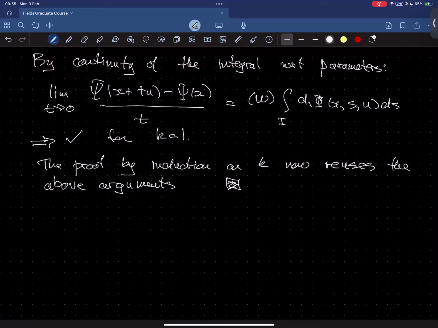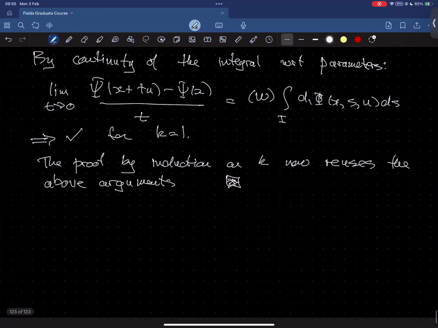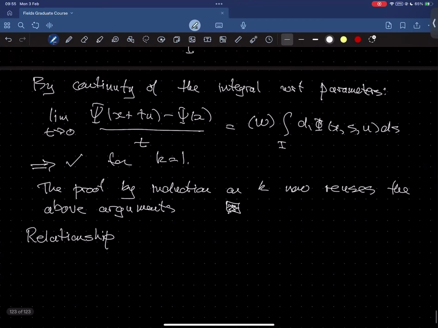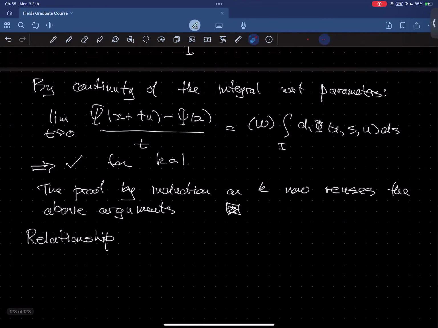Okay. So there's one other interesting little thing that I want to talk about. And that is, what's the relationship... because when I write formulas like this, we're always thinking in our head that t is real.